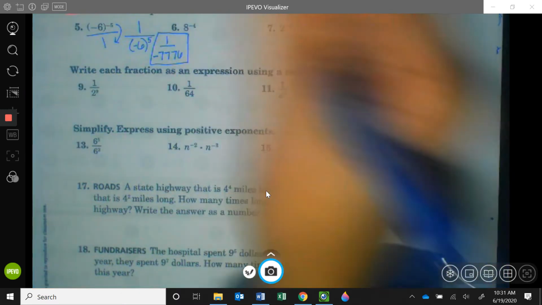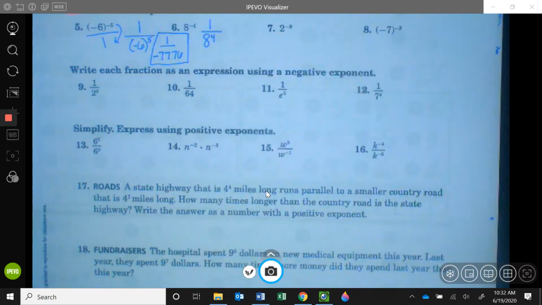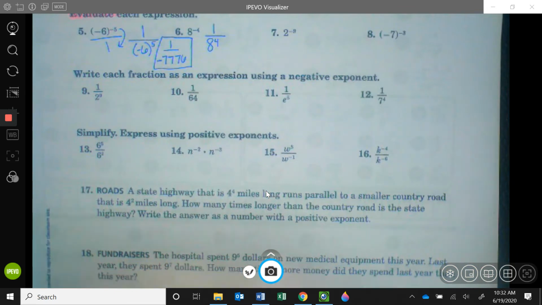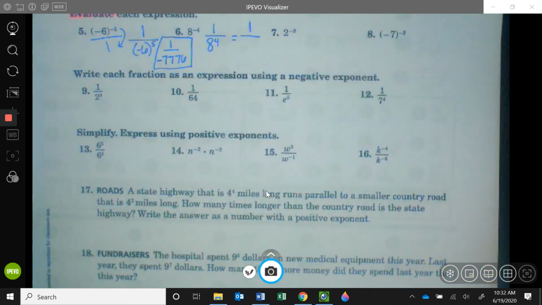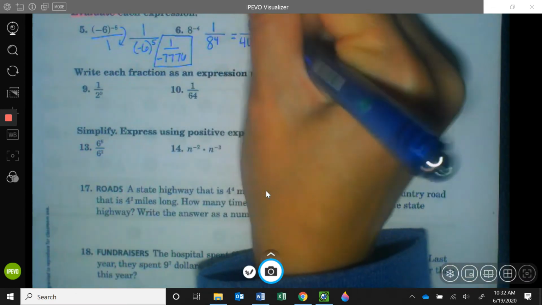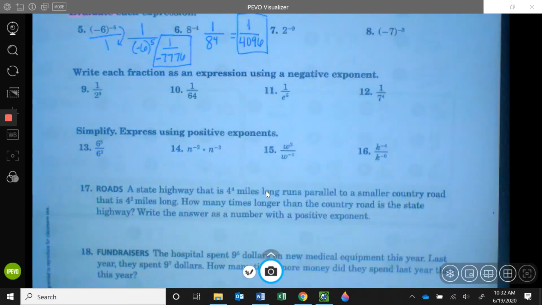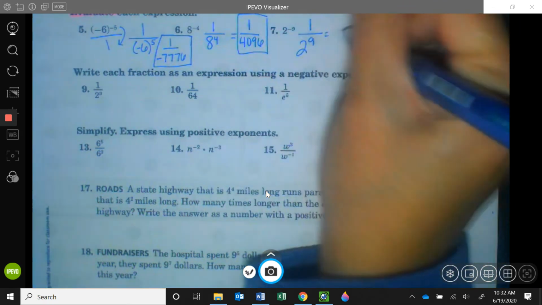Let's look here. So we get 1 over 8 to the 4th power. So then 8 to the 4th power is 4,096. Okay, 1 over 2 to the 9th power.